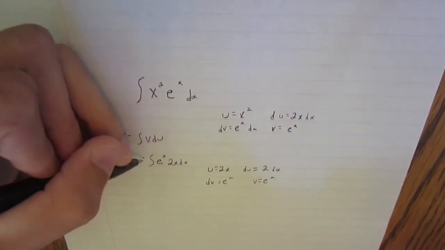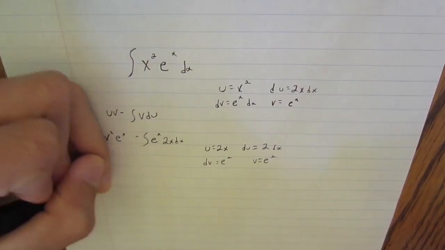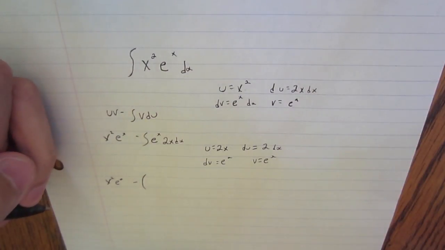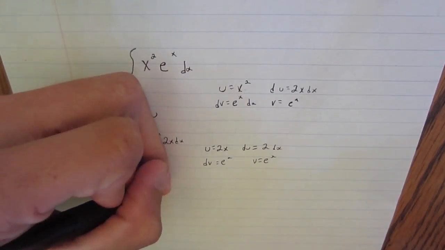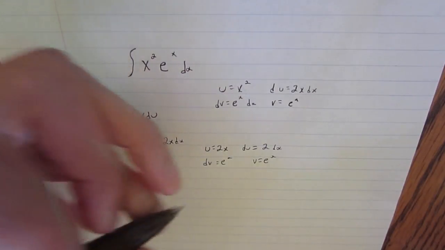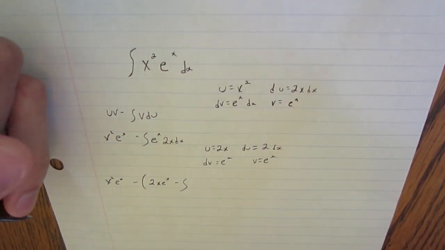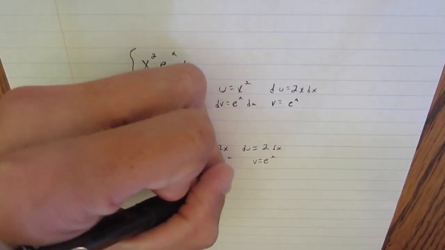So you're going to have to be careful with your negative right here. You're going to have x squared e to the x minus parentheses 2x e to the x minus the integral of e to the x times 2 dx.